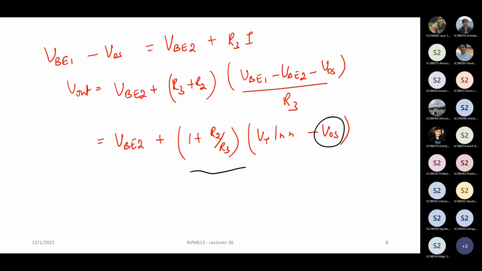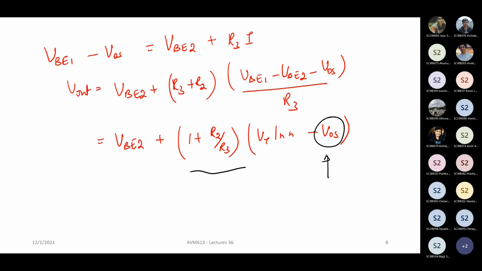There are a lot of topologies that have come, but typically you take a lot of effort to make sure that you reduce this offset as much as possible.